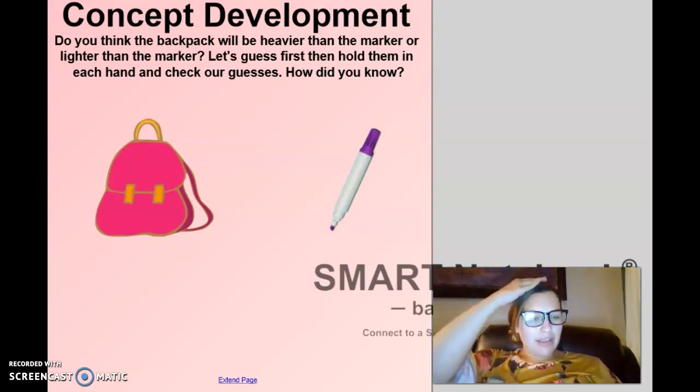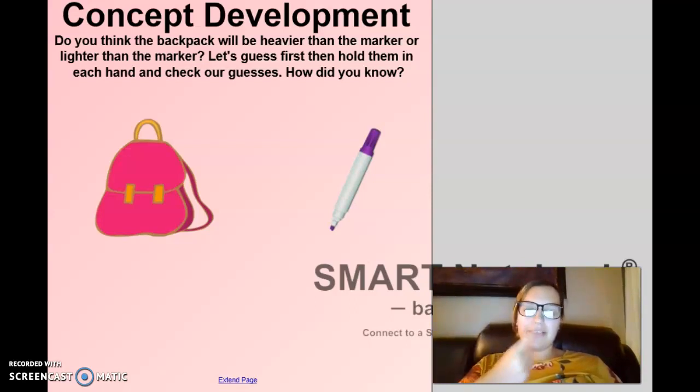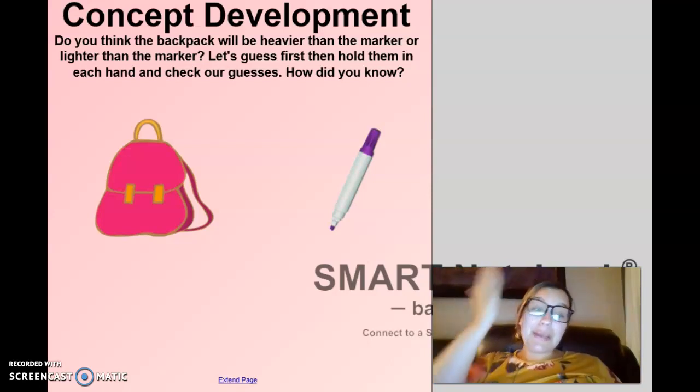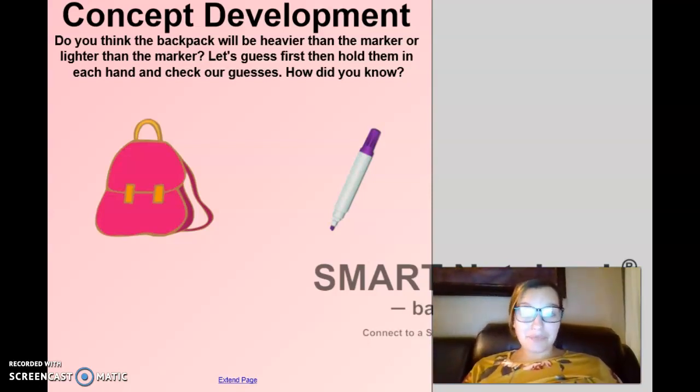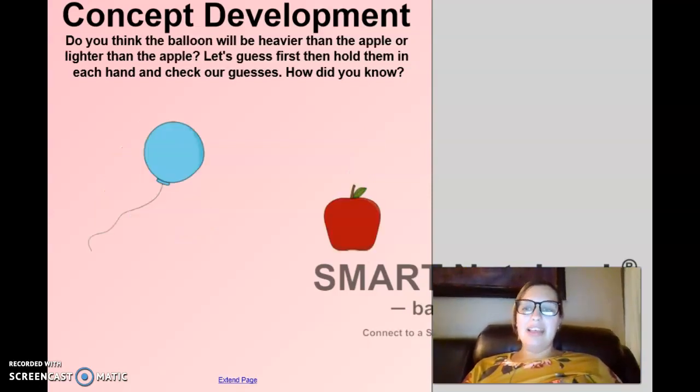Is the backpack heavier than the marker or lighter than the marker? Your backpack's probably going to be heavier than your marker, just the backpack alone. But you probably have stuff in your backpack, right? So that makes it even heavier. Great job. We have one more after this.